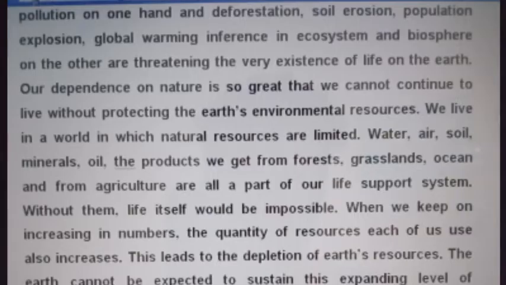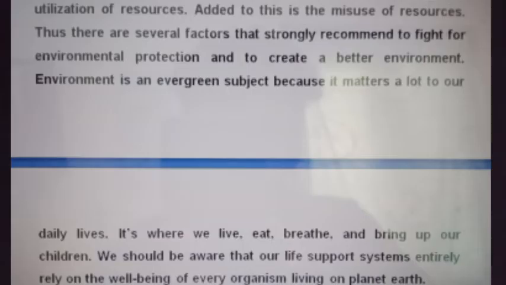This leads to the depletion of Earth's resources. The Earth cannot be expected to sustain this expanding level of utilization of resources. Added to this is the misuse of resources. Thus, there are several factors that strongly recommend a fight for environmental protection and to create a better environment.